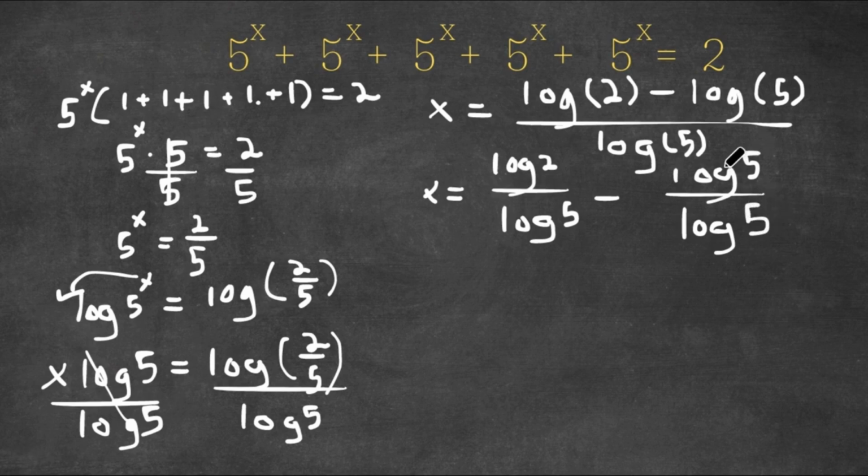Now log 5 over log 5, these two cancel out, and it's simply just 1. So we get log 2 over log 5 minus 1.